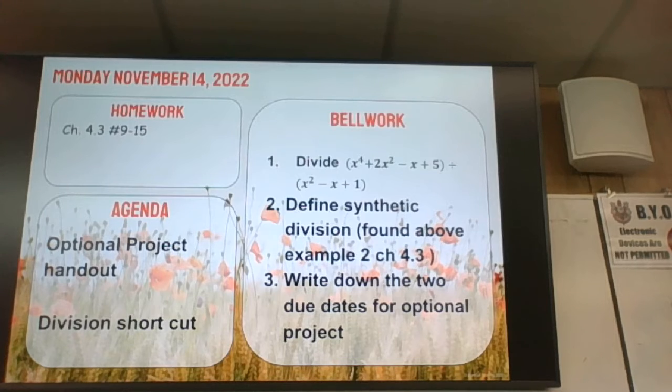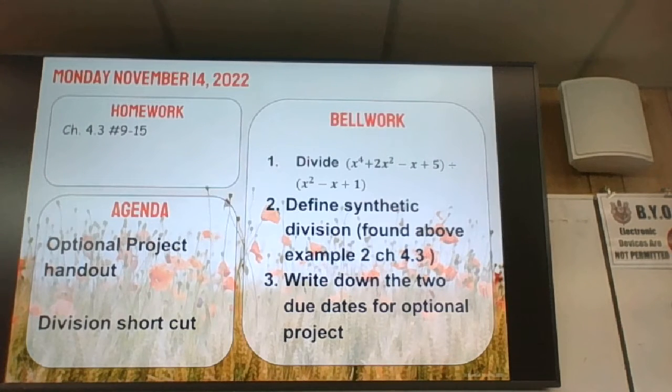I got the same thing. I got 60. I think it's minus 1x.